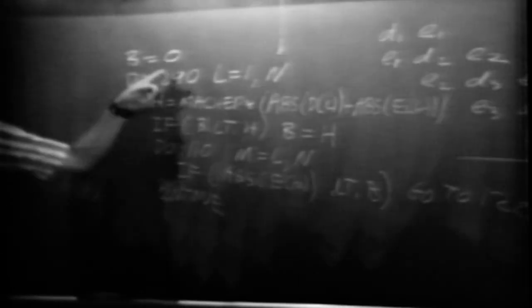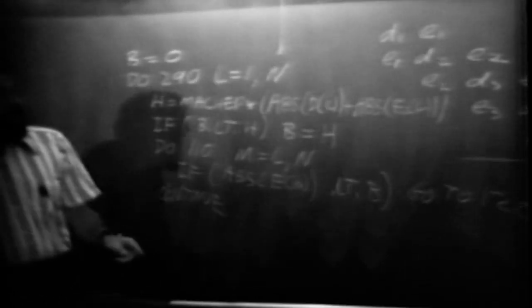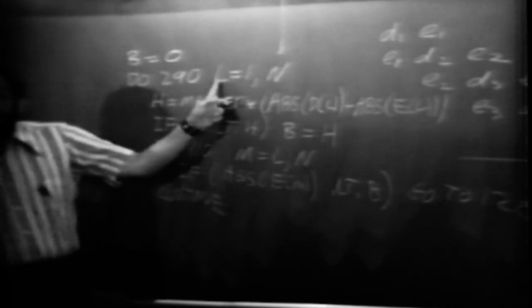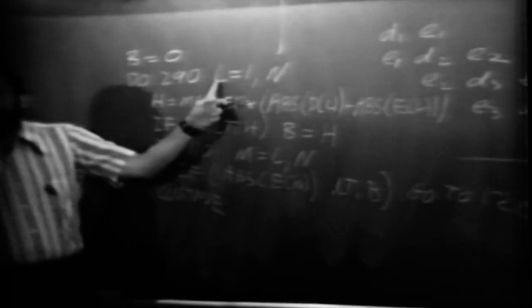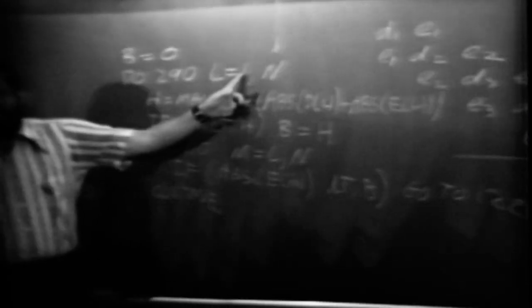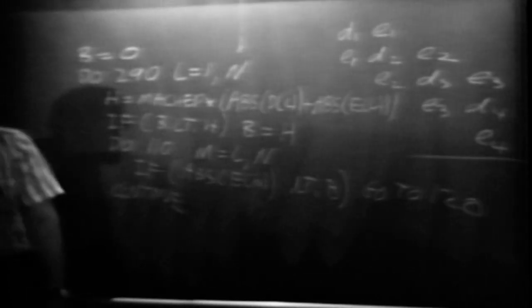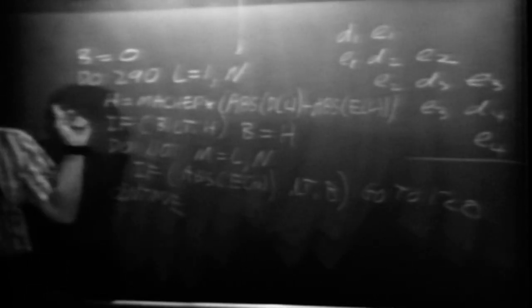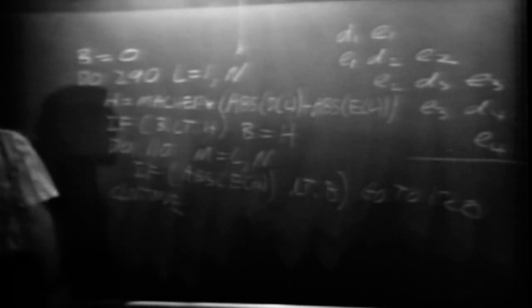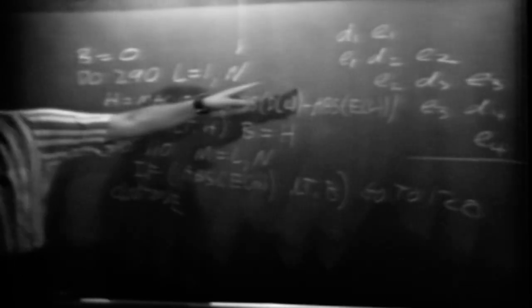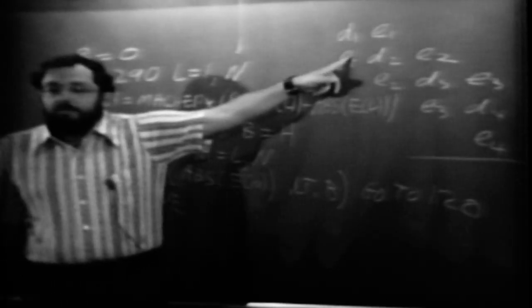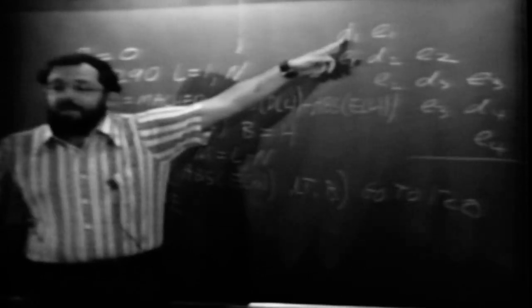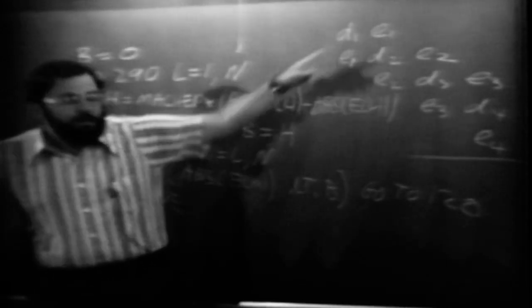Now, the loop to 290 is the main loop of the program. L is going to be the index for the eigenvalue we found. And we're first of all starting out trying to find the first eigenvalue. Now we've got to decide when a subdiagonal element is negligible. If E1 is negligible, then D1 is in fact an eigenvalue. Right?